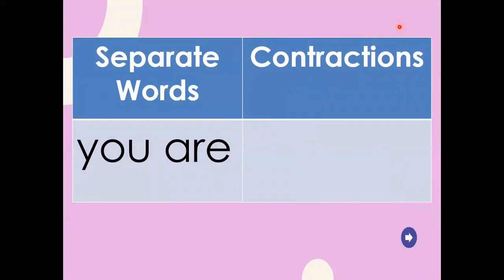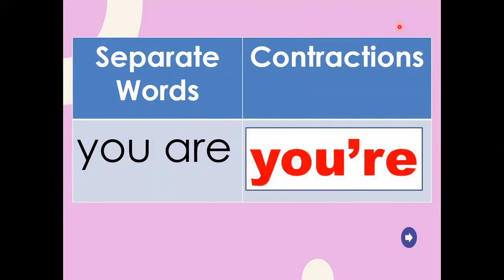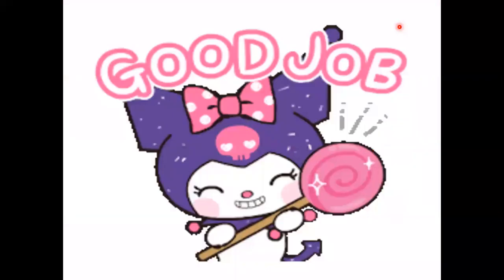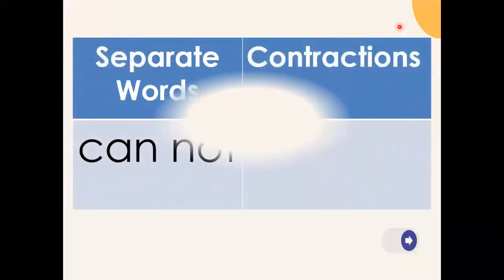Next, you are. The second word is are. Do you remember the rule? Yes, you're going to change the A into an apostrophe and the word becomes you're. Okay, next. Good job.